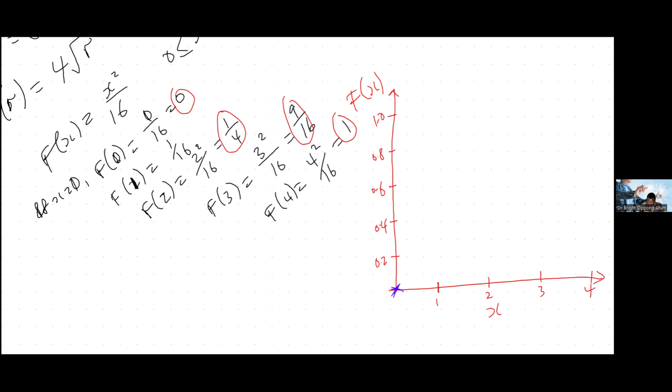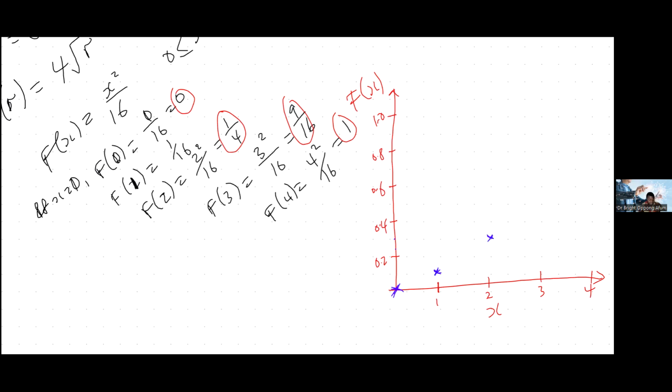Then we have 1 on 16 somewhere here, then 2 at 1 on 4, which is 0.25, somewhere here.